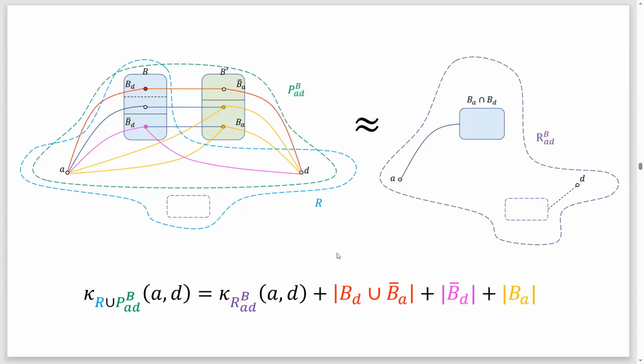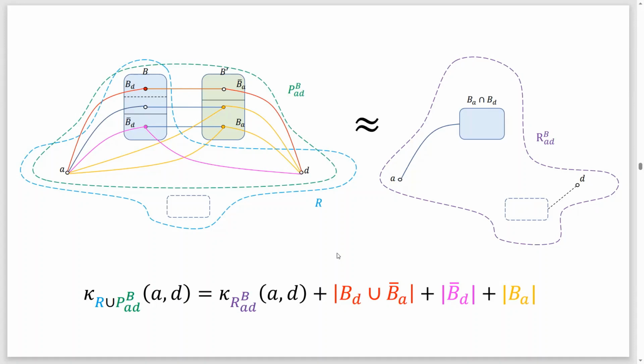So when we consider what the graph looks like in the remaining parts after the cut, we will see that A is linked to the middle part of B. That represents the set BA cap BD, which is generally the one in RBAD.